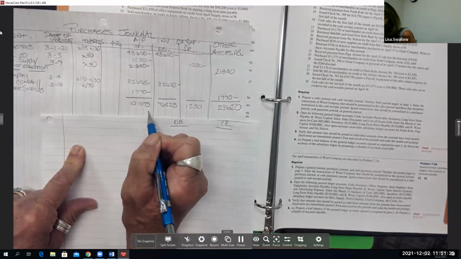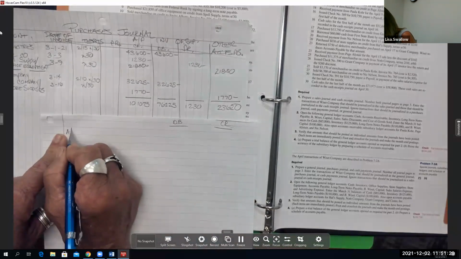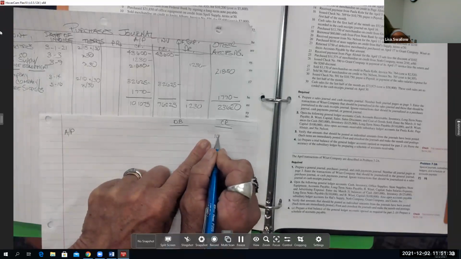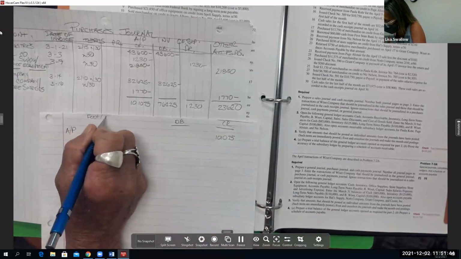So first column, AP, am I debiting it or crediting it? Okay, so just go down through it and foot and cross foot it.